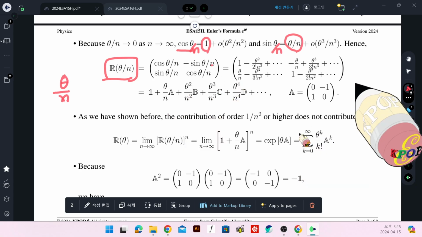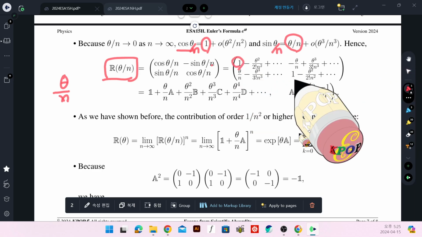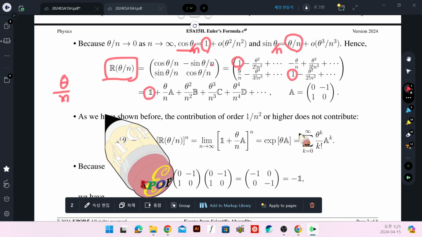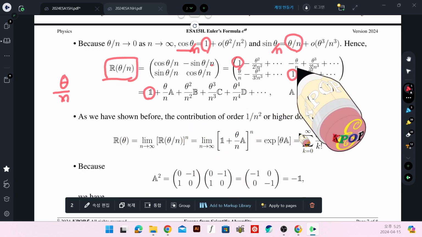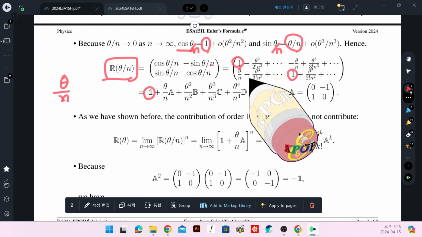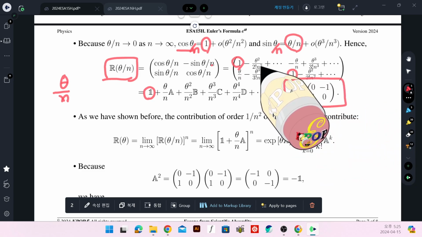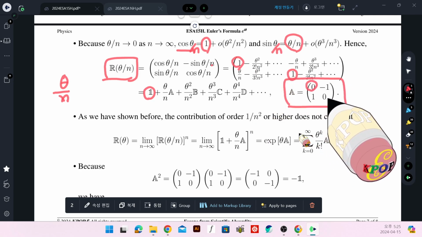We collect the theta-independent term, that is the identity matrix, and the linear term, that is theta over n, with a negative sign and a positive sign. So we define a matrix A whose off-diagonal elements are -1 and 1, and whose diagonal elements are all vanishing.